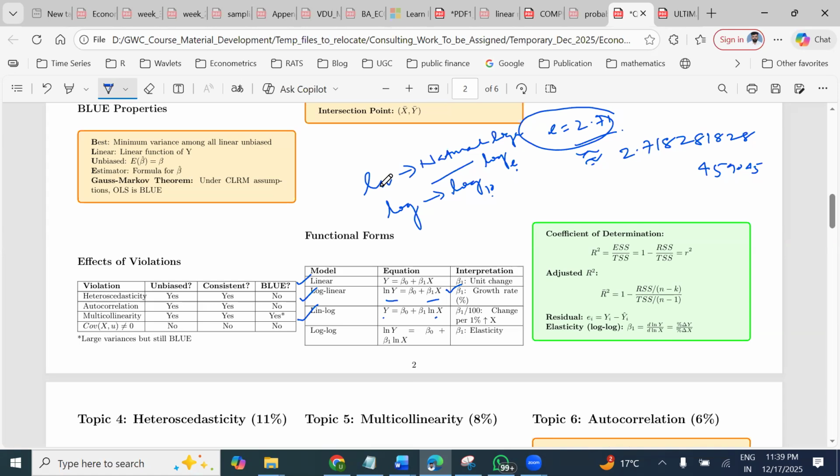Now, natural logarithm you have understood, right? We use the log function basically when we are measuring growth rate.